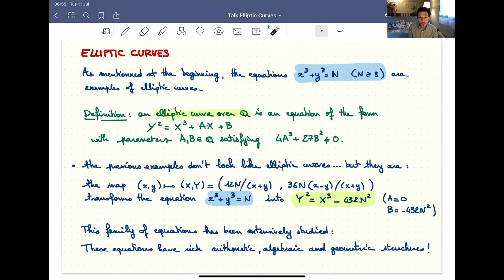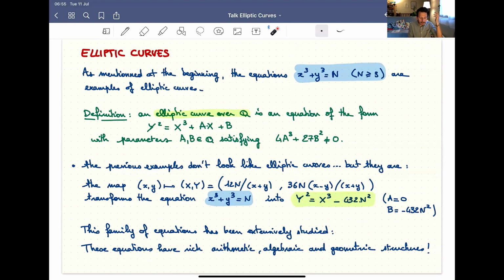An elliptic curve is an equation of the form y squared equals x cubed plus ax plus b, where a and b are two parameters which are rational numbers. You can basically choose any a and b, but we want to assume that 4a cubed plus 27b squared is not 0.